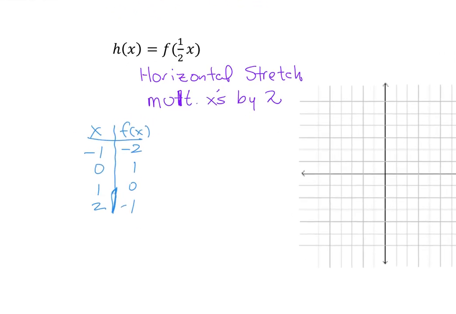And now if we go ahead and multiply our x's by 2, we're going to get -1 times 2 is -2. 0 times 2 is 0. 1 times 2 is 2. And 2 times 2 is 4. We don't have anything on the outside, and so our y values will stay the same.